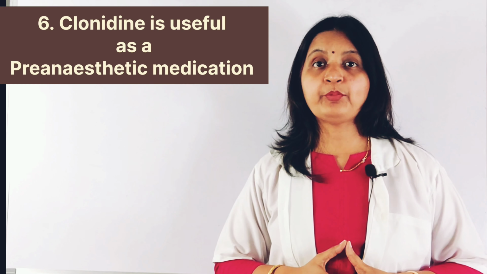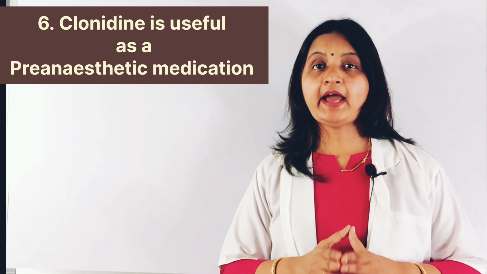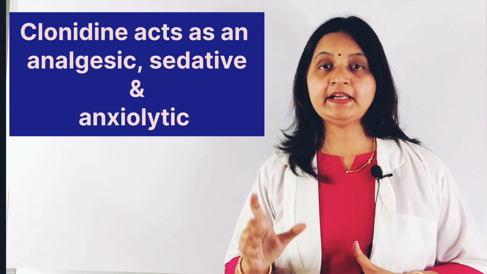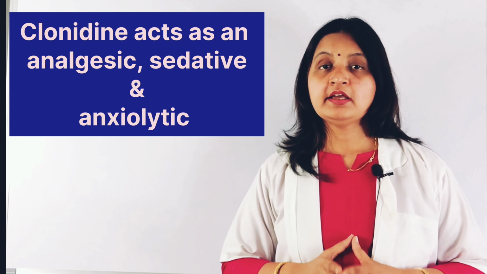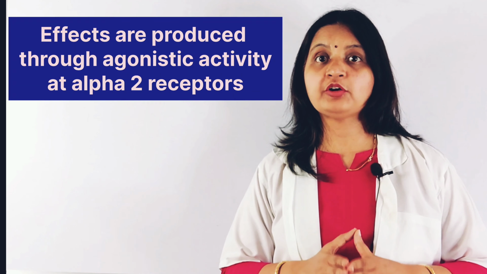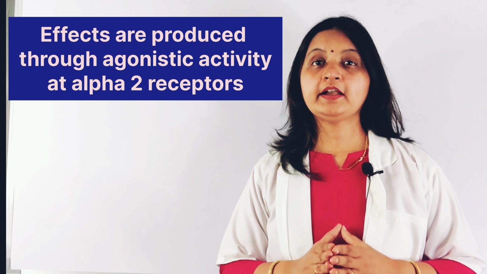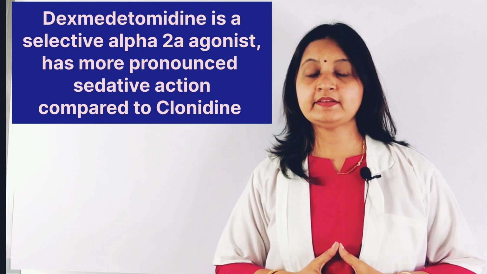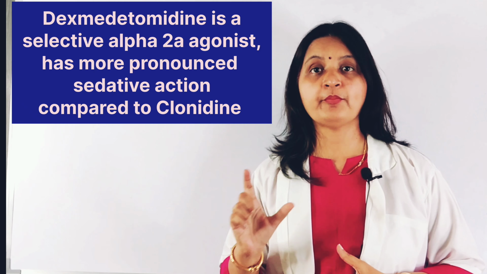Clonidine is useful as a pre-anesthetic medication by acting as an analgesic, sedative, and anxiolytic. They act through agonistic activity on alpha-2 receptors. Another drug that is similar to clonidine in action and is useful as a pre-anesthetic medication is dexmedetomidine.